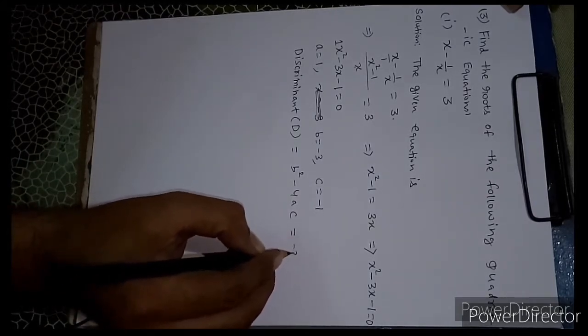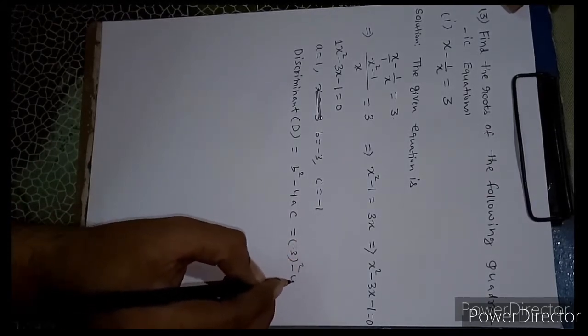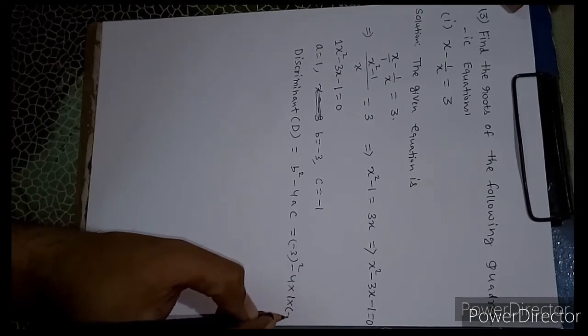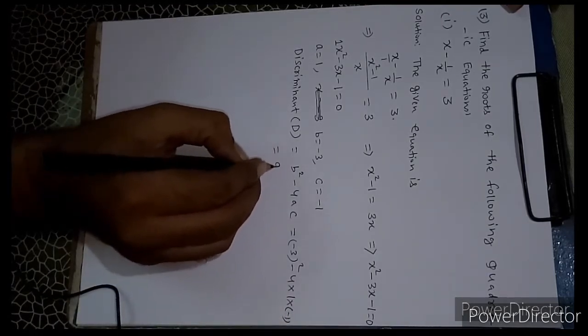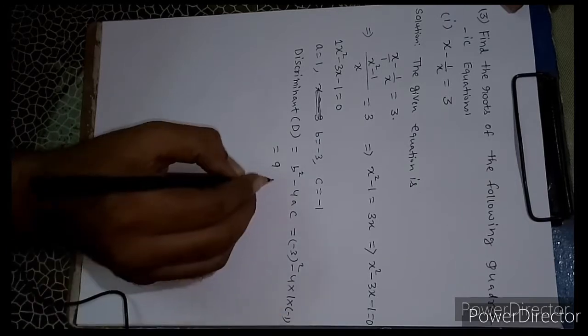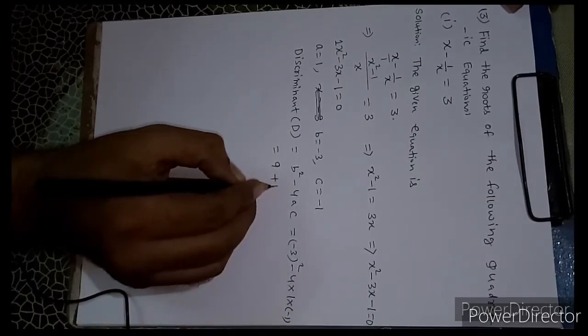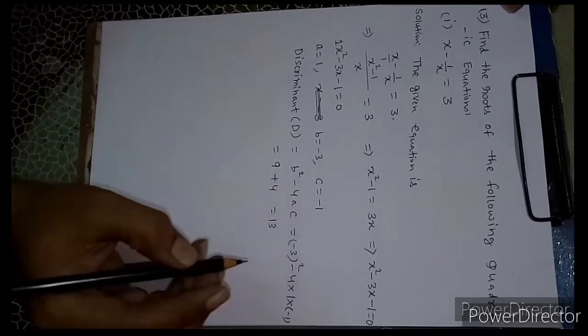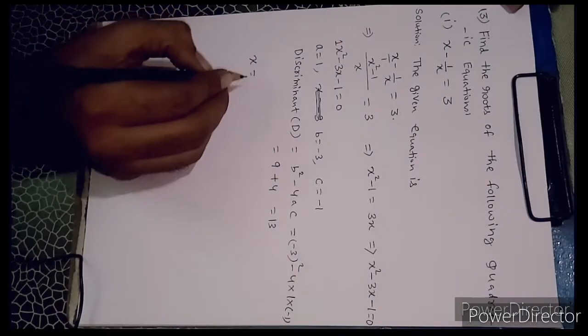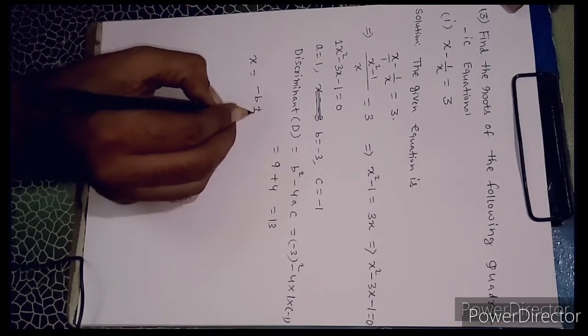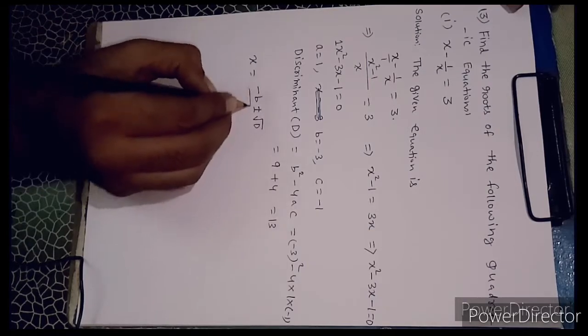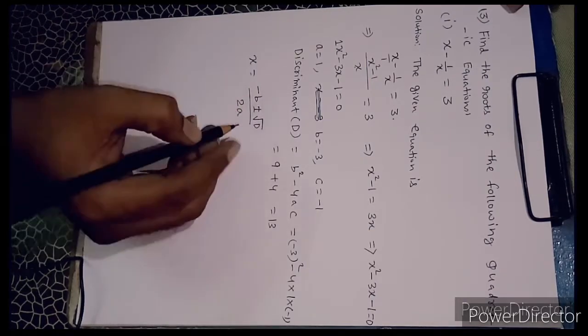We get minus 3 square minus 4 into 1 into minus 1. That is 9. Minus into minus is plus. 4 into 1 is 4. We get here 13. Quadratic formula is x equals to minus b plus minus root over D by 2a.